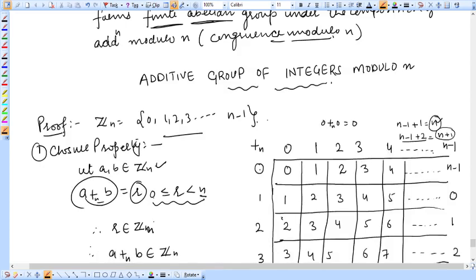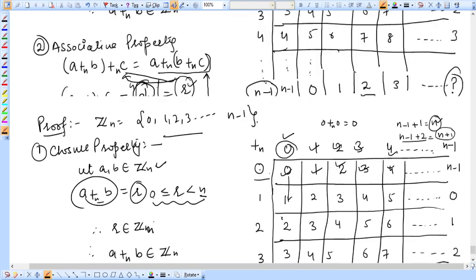When we are adding 0 to 0, we are getting 0 again; 1 again, 2 again, 3 again, 4 again when added to 0. You can also watch in this column, we are getting the same element when added to 0. So this is forming the additive identity in this case.